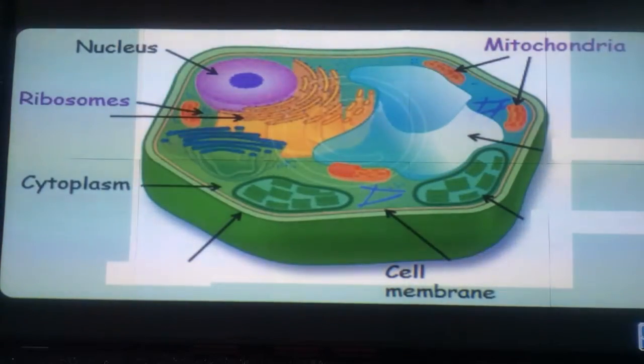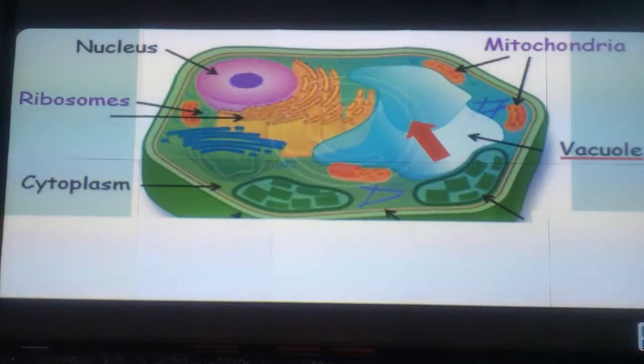This is an example of a plant cell. It has some of the same things that an animal cell would have. For instance, the nucleus, ribosomes, cytoplasm, cell membrane, the mitochondrion. They're similar, but there are some differences with plant cells.